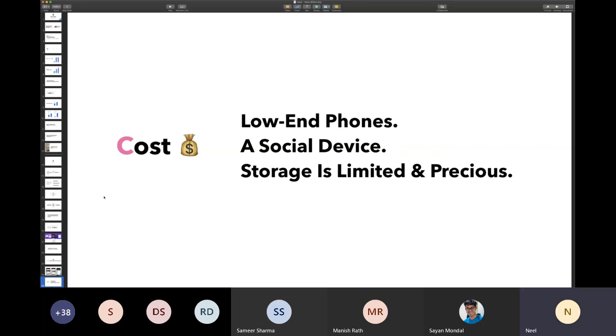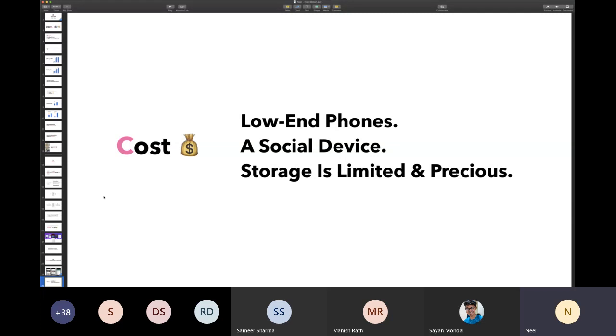In a lot of families, you'll see that the father usually has a smartphone which the child uses to play games, or the wife uses to watch videos in the meantime. So the device is not just for one person, and a lot of times these devices are for the entire family. So in cases like these, the storage is very limited.